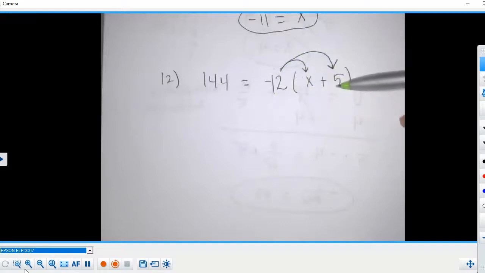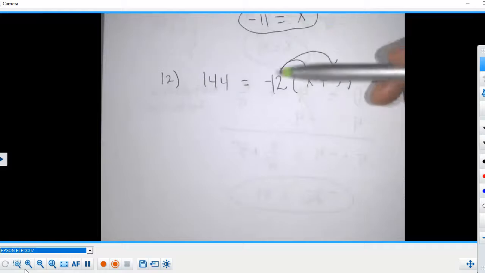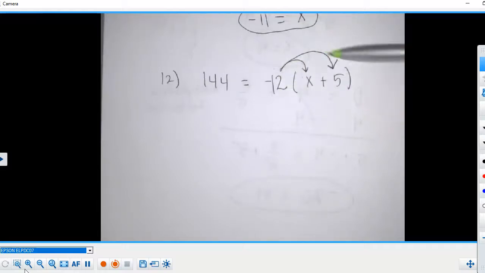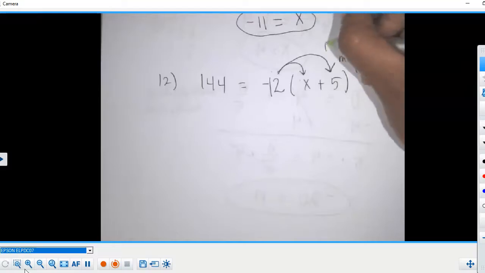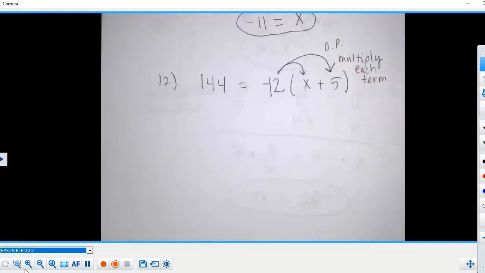You can't just multiply by one and not the other. These terms are like they're caged up together, and this number is going to free them by multiplying them. So when you see the arrows, think multiply each term. Mathematically, this is the distributive property, DP.